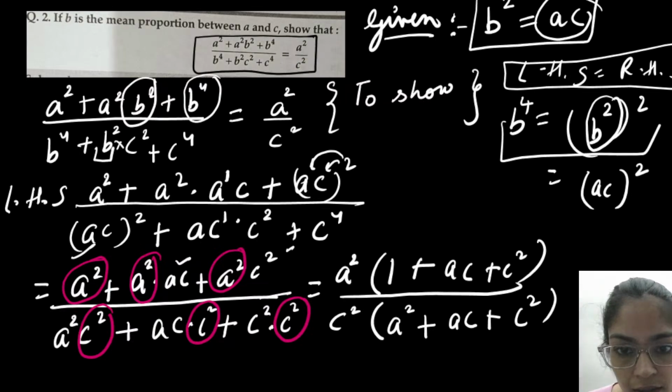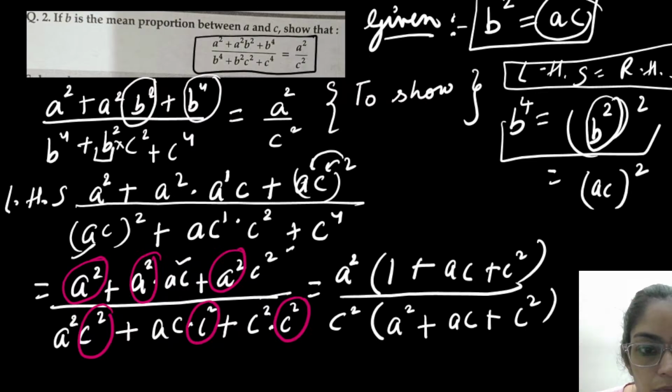So is it correct? 1 plus ac. Here a square is common, so a square as it is plus a square ac, we have taken a square common.